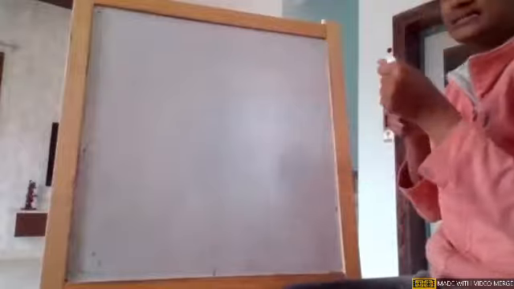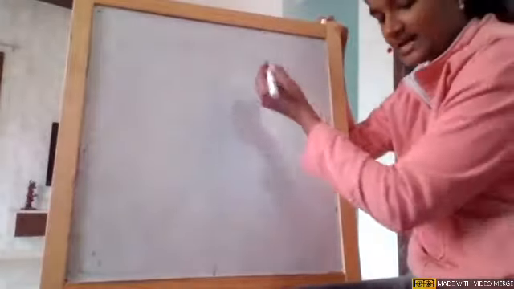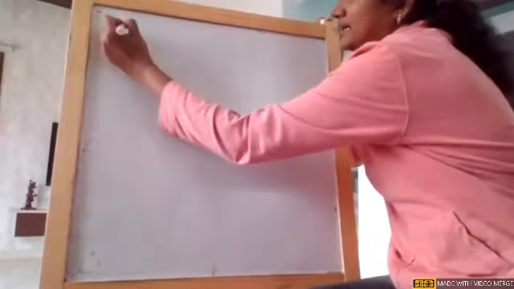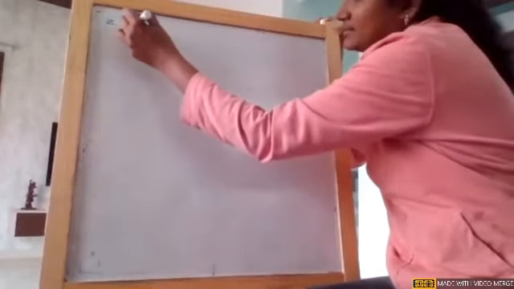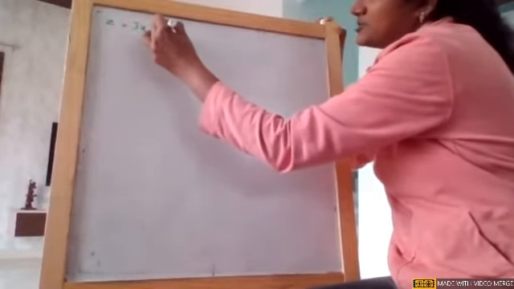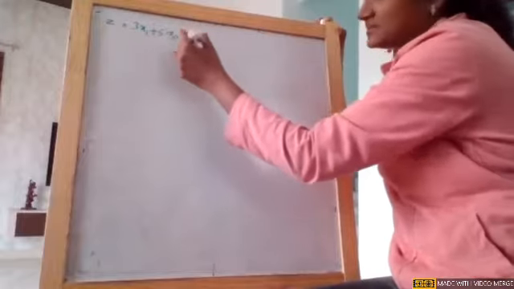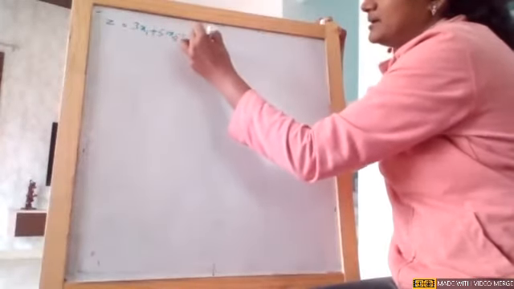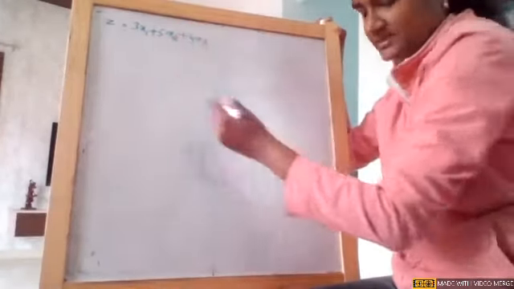Now, if you see again, I'll just write it on the board for your understanding as it is the first problem. Z is equal to 3x1 plus 5x2 plus 4x3. Till here, I'm just keeping it as it is.